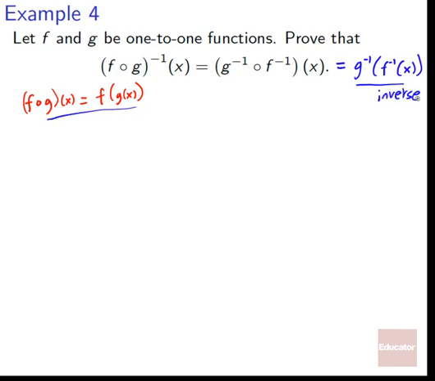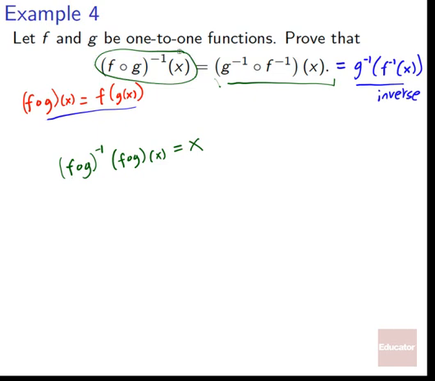That's what we're trying to prove. By the definition of how this inverse symbol works, f composed with g inverse acting on f composed with g acting on x is going to just leave us with x, as if we'd done nothing, because we're putting an inverse on something. So we want to show that this means the exact same thing as this right here.